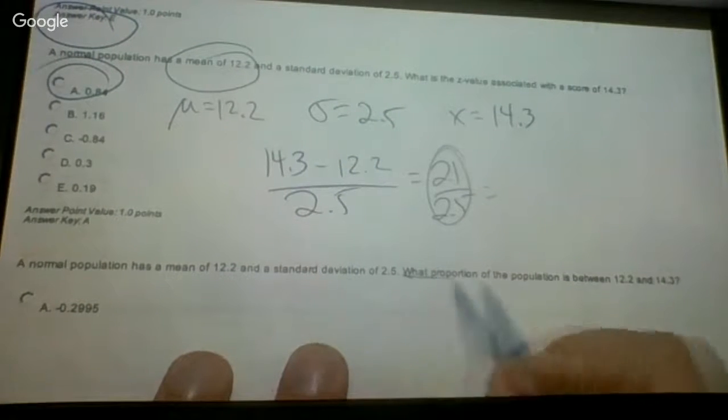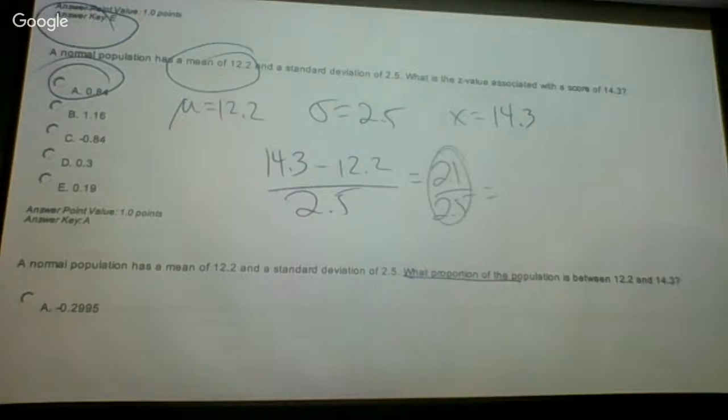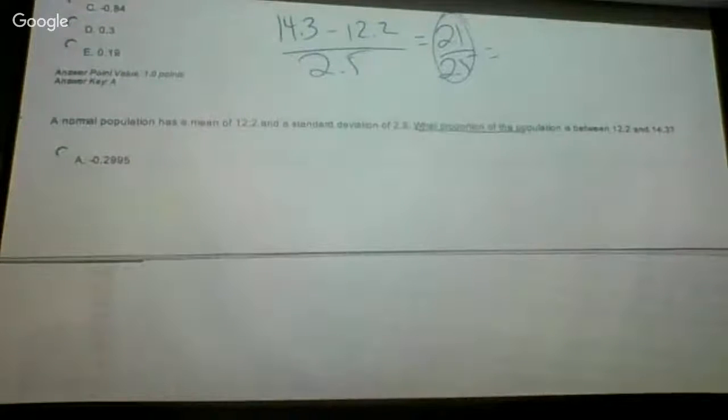At this point, what proportion of the population is between 12.2 and 14.3? Now we actually have to start doing some of this math, so we don't get to fast forward through anything. But we did calculate the z-score, and that's going to be useful for a problem like this.